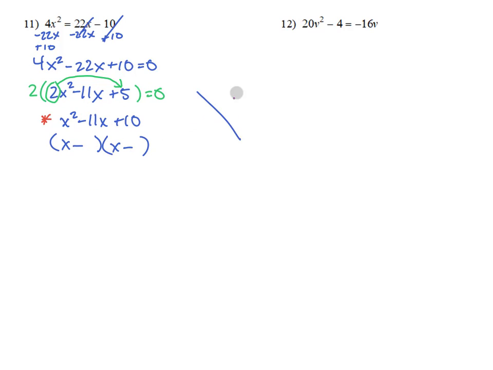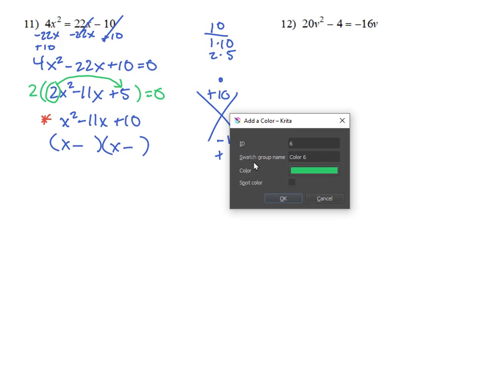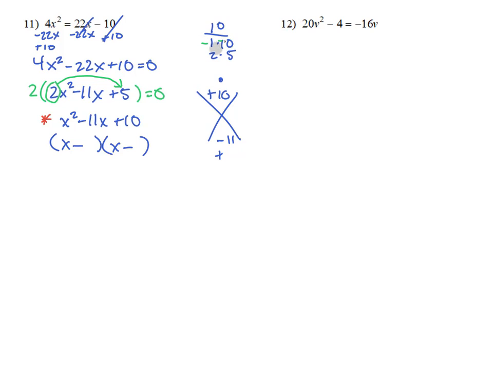So I can do my x factor. They need to multiply to positive 10. They need to add up to negative 11. And I know they're both negative. So the factors of 10 is a pretty short list. There's 1 and 10, 2 and 5, and that's it. And if both of them are negative, the ones that add up to negative 11 are negative 1 and negative 10.